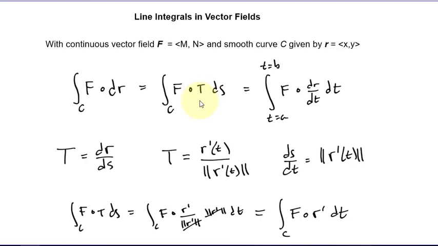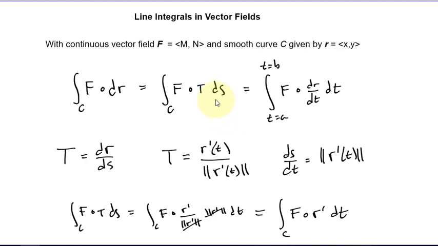So it's the part of the force that is parallel to the path, integrating with respect to the length of the curve C. That's what that says. But how do you actually compute that?